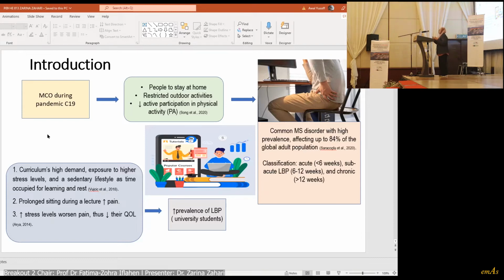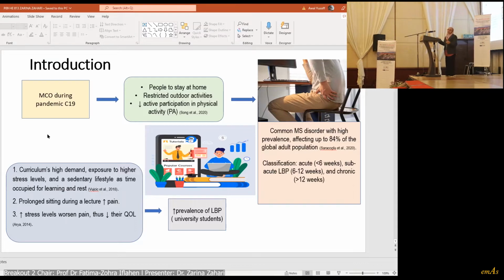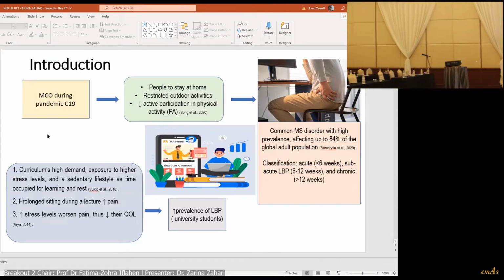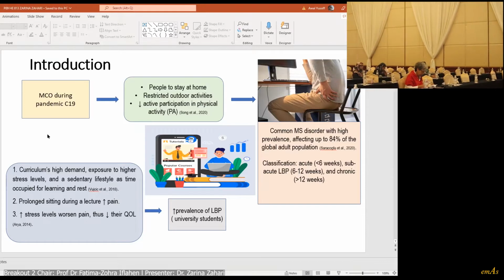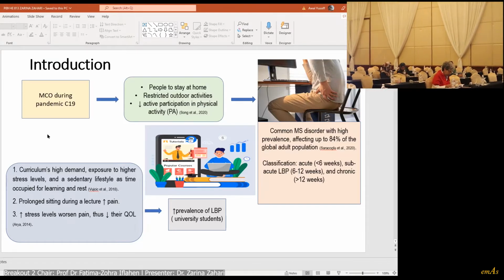Low back pain always involves disorders in the vertebra or bones of your spine, and also the muscles. That's why it is a common musculoskeletal disorder, with a high global prevalence, affecting up to 84% or beyond in some studies of the global adult population.